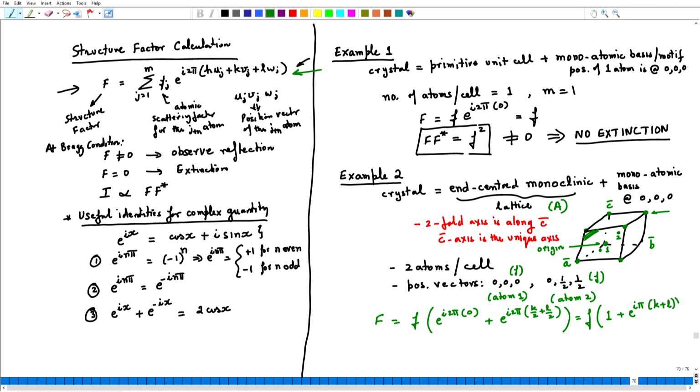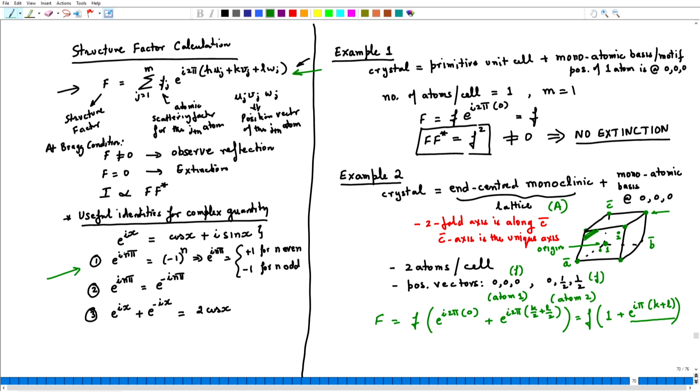(k plus l). Now, very clearly F will be 0 if this term e to the power i pi (k plus l) is minus 1. Now, when can it be minus 1? k plus l is always an integer. So, we come back to this identity that k plus l is an integer basically. So, k plus l is n.